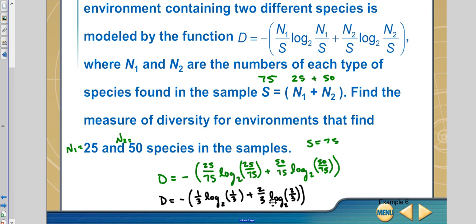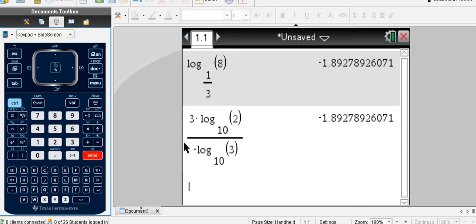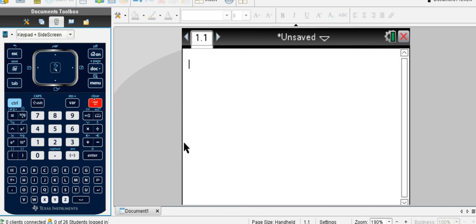Now, this is a base 2. Since these are common bases and they're adding, I could multiply these values together, but I would have to have them as powers first. I don't want to mess with that. I'm just going to type that in and see what we come up with on the calculator. So when I come over here, I'll clear this out real quick so we can see better.